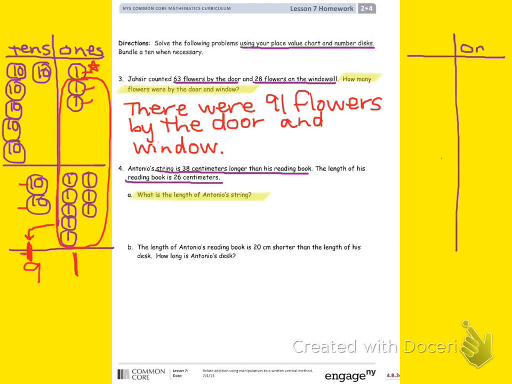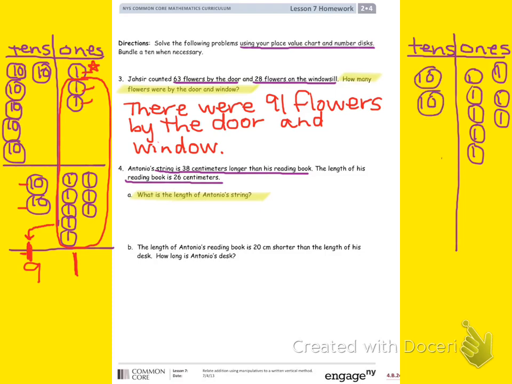Here is the ones column, and here is the tens column. Now, the number 38 has 8 ones. 1, 2, 3, 4, 5, 6, 7, 8. And it has 3 tens. 1 group of 10, 2 groups of 10, 3 groups of 10.